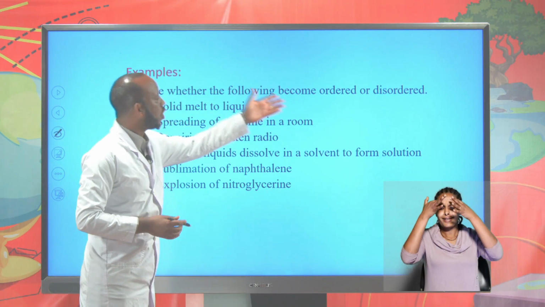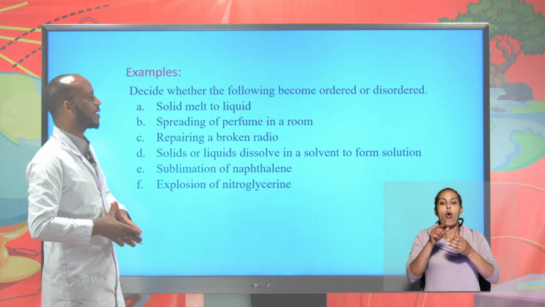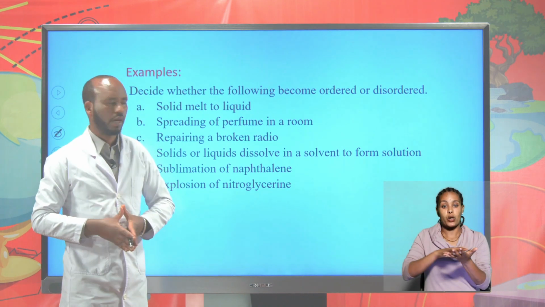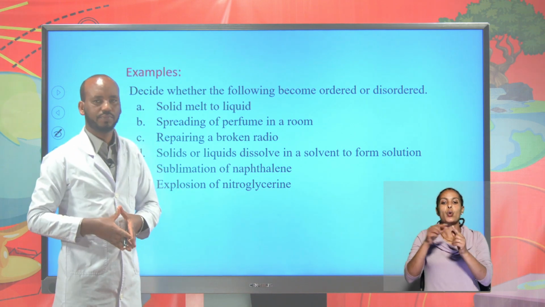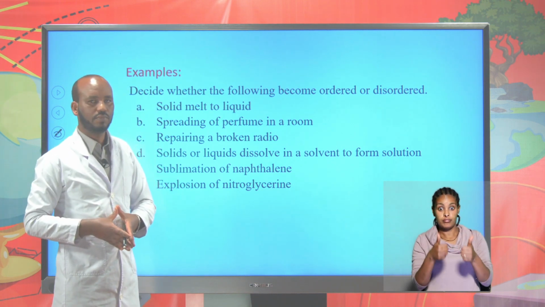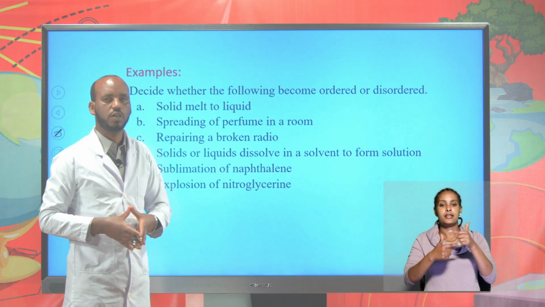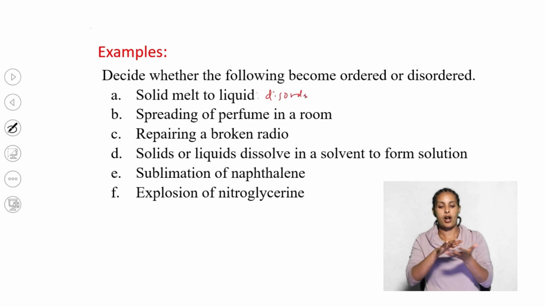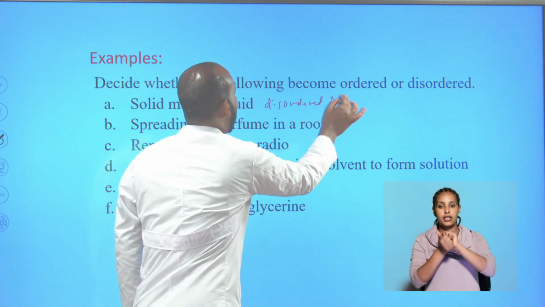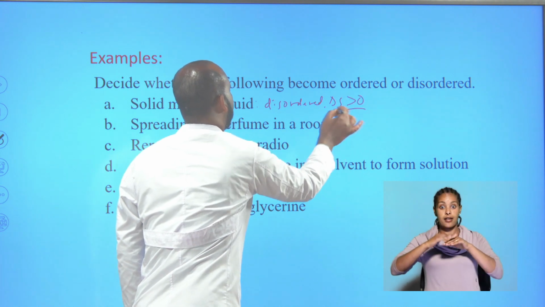Examples. Decide whether the following become ordered or disordered. A. Solids melt to liquid. This process is disordered. Therefore, the change in entropy, delta S, is greater than 0.